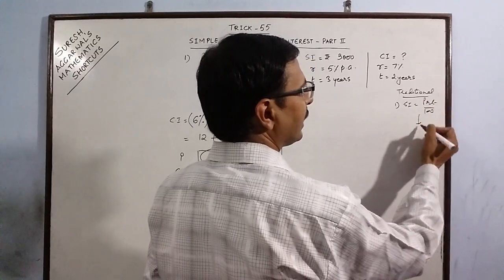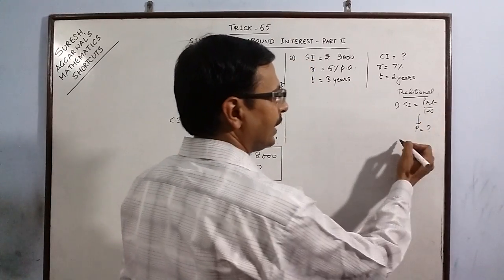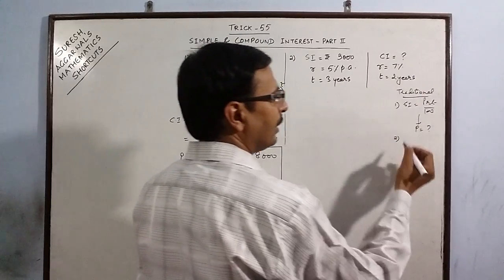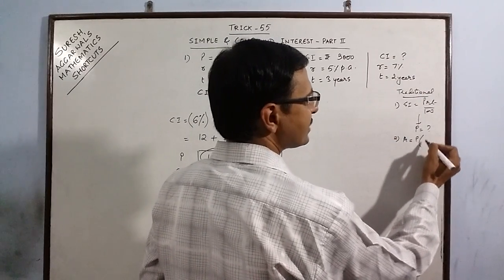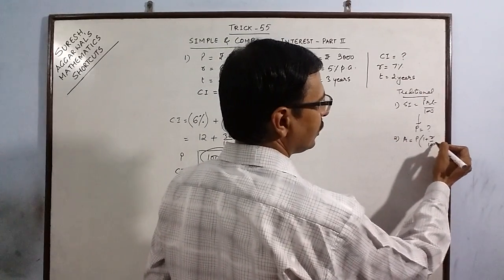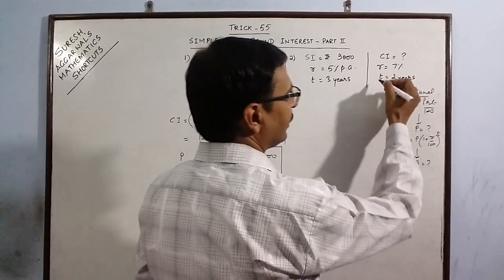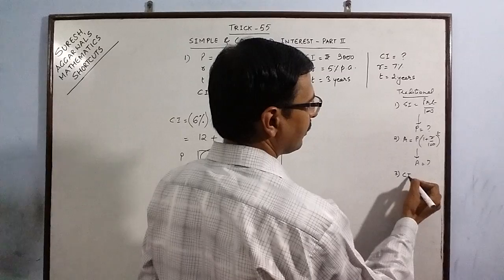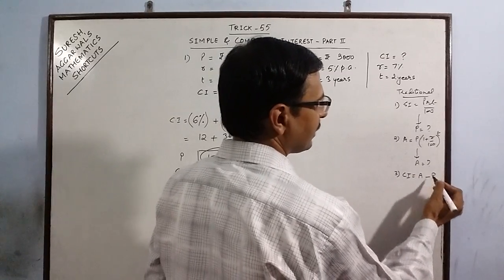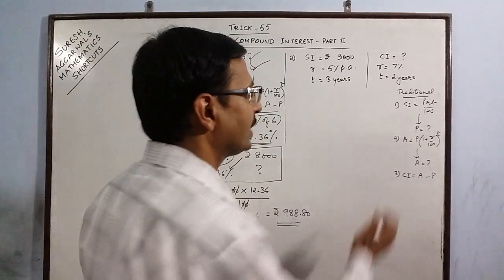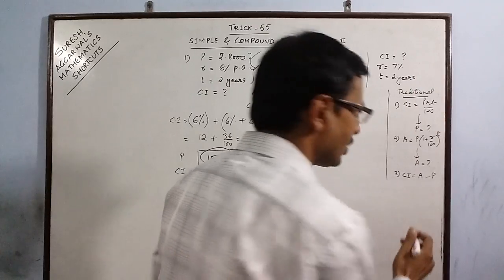From here you will calculate the principal amount. Then in the second step you will calculate the amount. In case of compound interest you will use this formula and find the amount. Then in the third step you will find the compound interest by subtracting the principal from the amount.